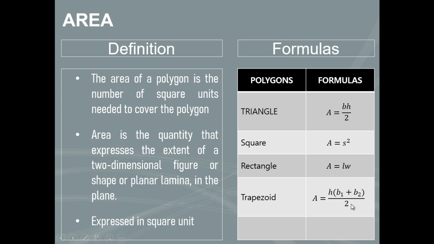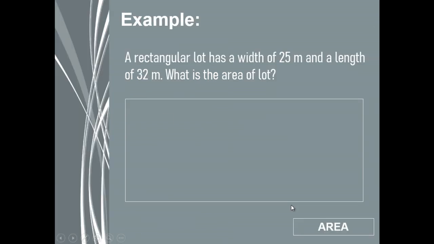You will take that up further in the next year levels. So, by this point, we will take up only the square and rectangle. For example, a rectangular lot has a width of 25 meters and a length of 32 meters. What is the area of the lot? We know that it is a rectangle, so we use the formula of the rectangle.